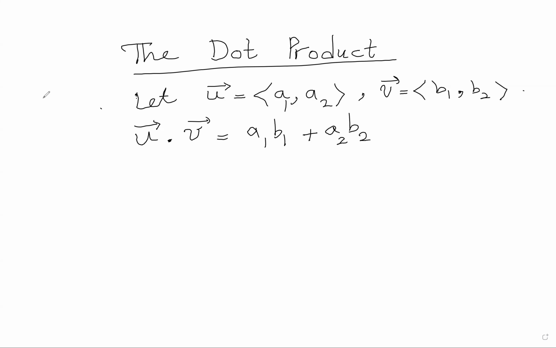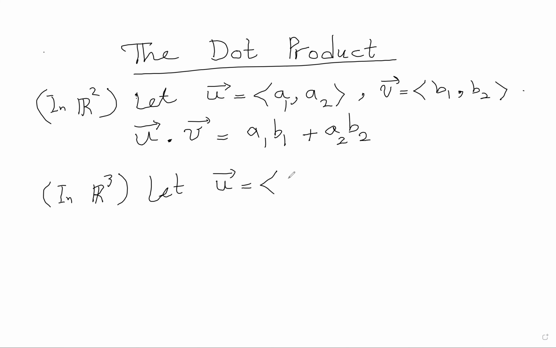In R3, we define the dot product in a similar way. Let vector U consist of three components, A1, A2, A3.